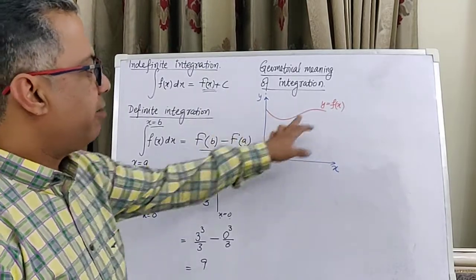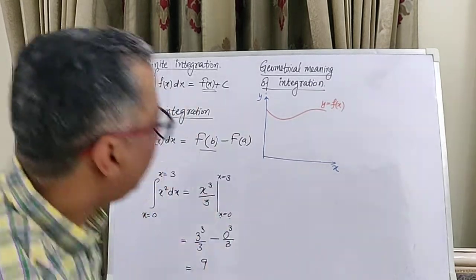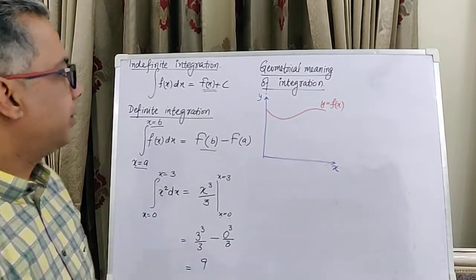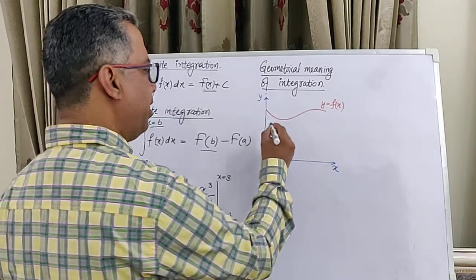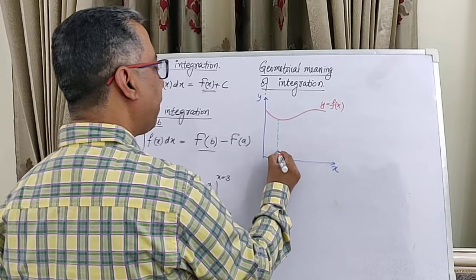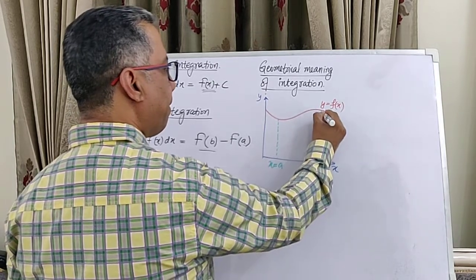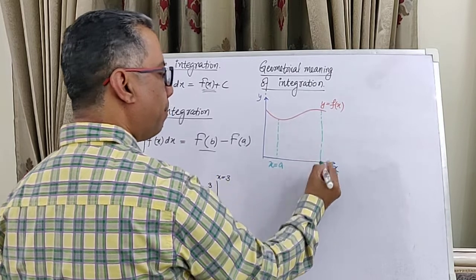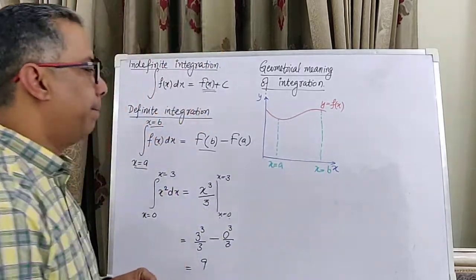We have drawn the graph of this y equals fx, and we are now looking for the geometrical meaning of an integral. Now what integral? Let's say over here, this is x equal to a, and this is x equal to b.